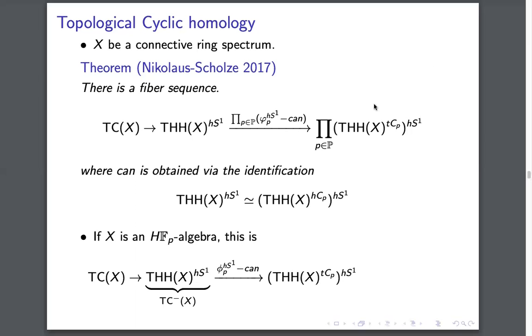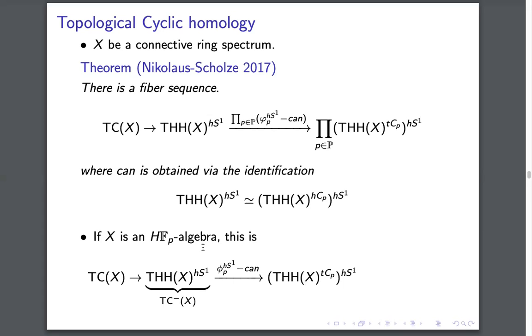So there's one thing that's kind of intimidating here: the fact that you take a product over all primes. But it's common in homotopy theory that you want to work with only one prime, right? For example, if X is an HFp algebra, or all primes except p are invertible in X, let's say, then in such a situation, all the factors in here except the factor corresponding to p just vanish. Okay, and this fiber sequence turns into this fiber sequence.